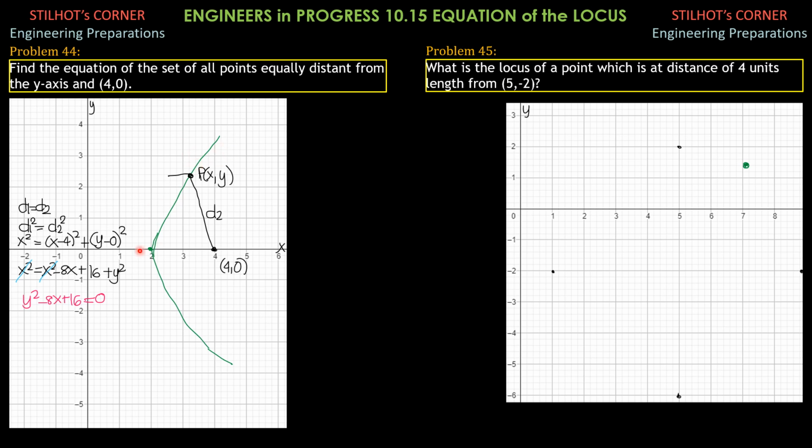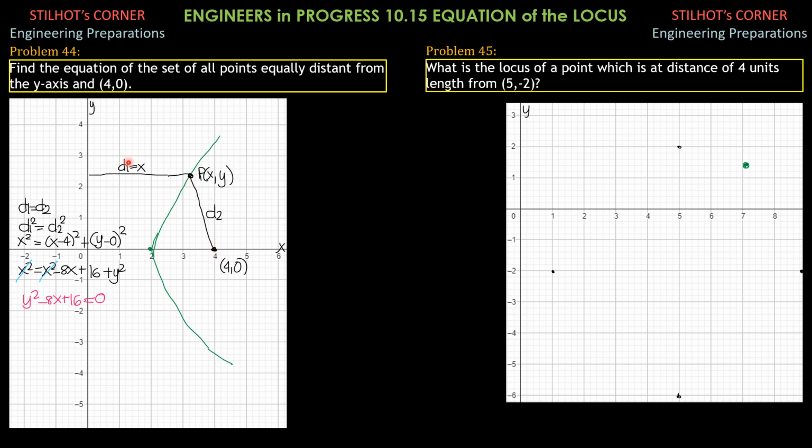This may be the locus and this is the point. So the point is of course denoted with (x, y), and the distance of this point from the y-axis is x, so distance 1 is x, and distance 2 is the distance between 2 points, by the distance formula.